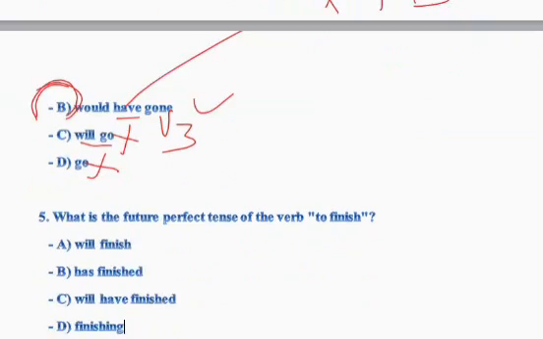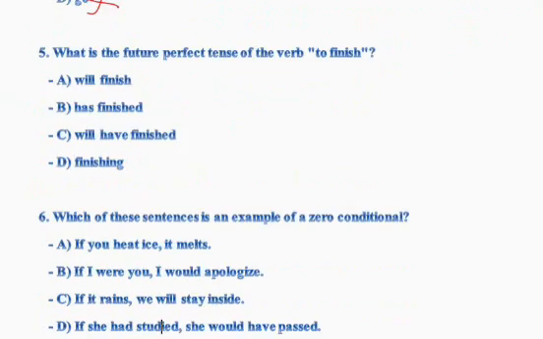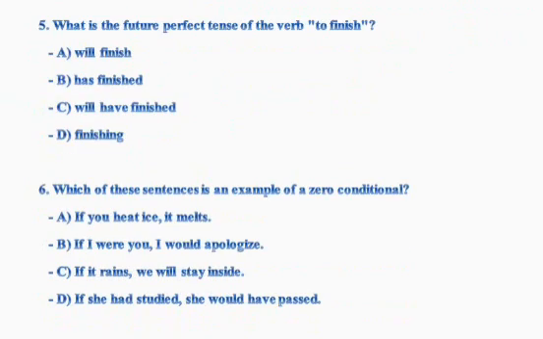Okay, let us go to the next question. Question 5 says, what is the future perfect tense of the verb "to finish"? You see the verb, what is given? The given is "to finish."